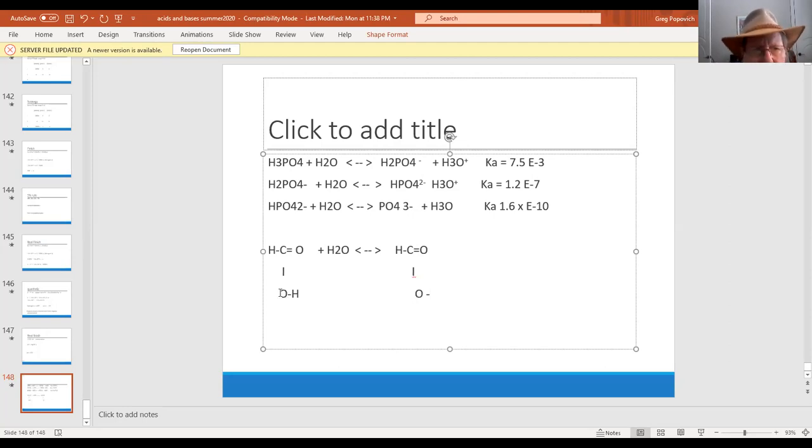I can take that hydrogen away. I can't take covalently bonded hydrogens away. So this has only one hydrogen to lose.